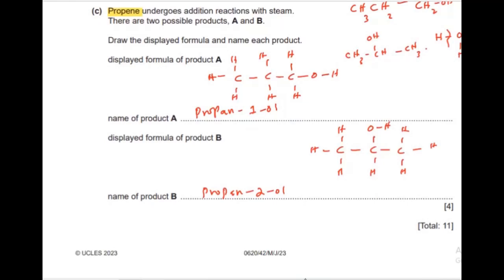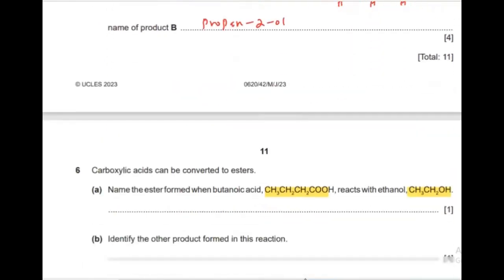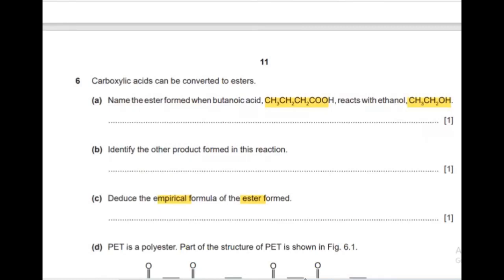Okay, this is the question regarding alkene and chlorine, and alkane and chlorine. Now, the next part is carboxylic acid can be converted into ester. When carboxylic acid reacts with the alcohol, you will get the esters. Name the ester formed when butanoic acid reacts with ethanol.